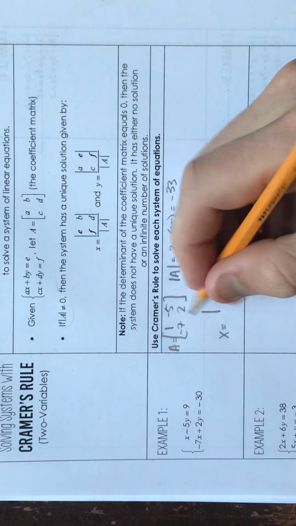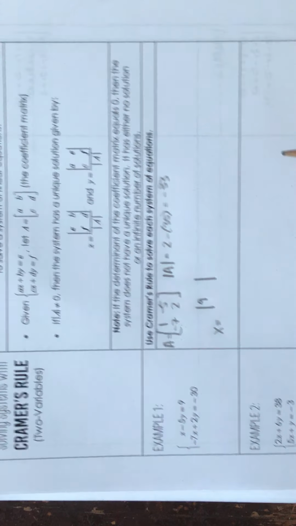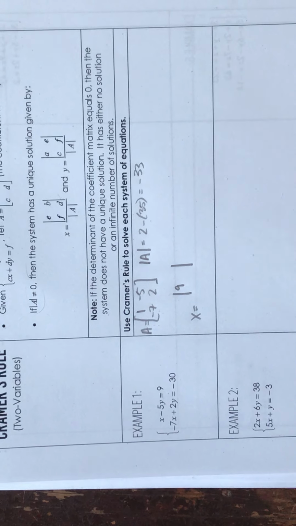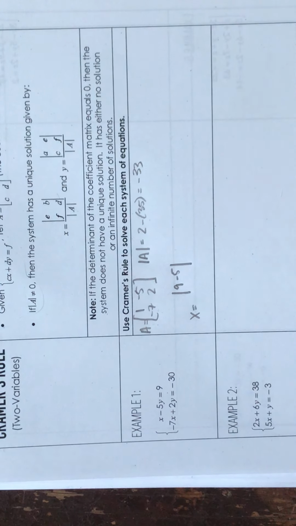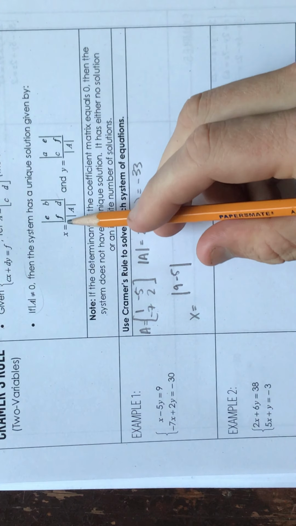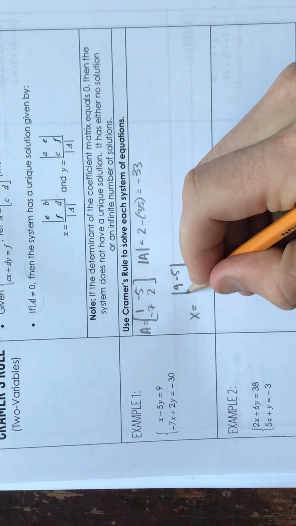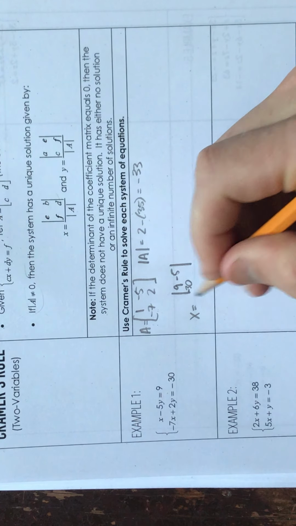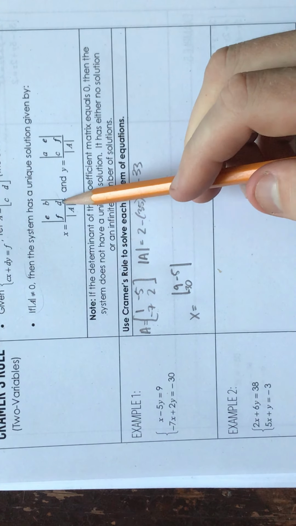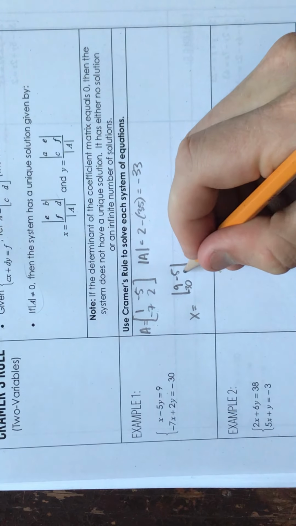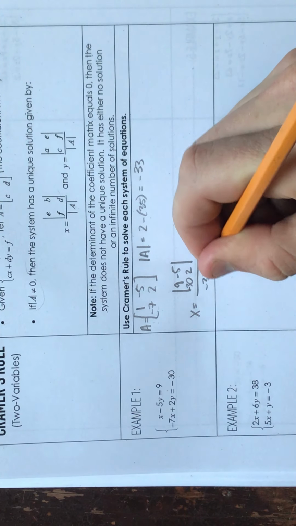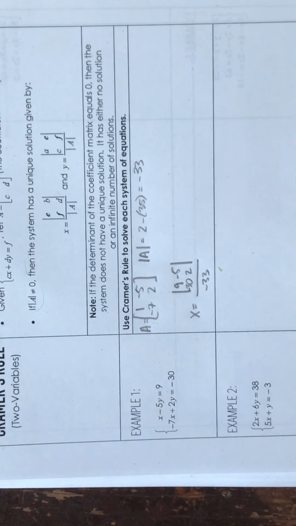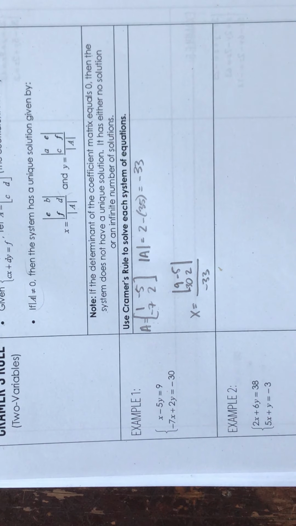E is going to be 9 in our problem here, and then B is going to be -5. F is going to be -30, it's a negative there. And D is going to be 2. And that whole thing is going to go over our -33, which was the determinant of A, right?